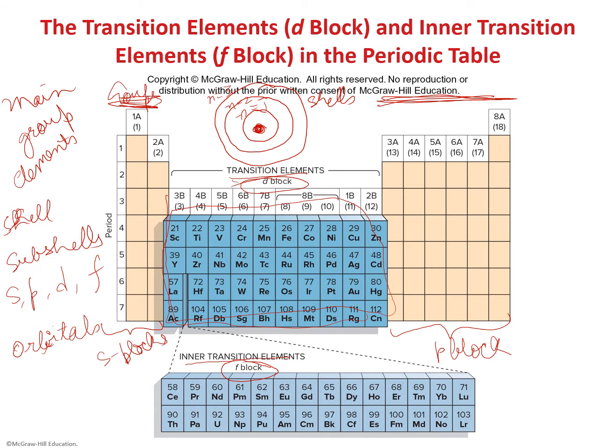So if you remember, we always fill the S orbital first, then we go to P, then D, then F. This is based on the different energy of each of these subshells or orbitals, right? So based off of this, the first two groups are called the S block. Then everything on the right is called the P block. In the middle we have the D block, and then right outside, cut out from the periodic table, is the F block.